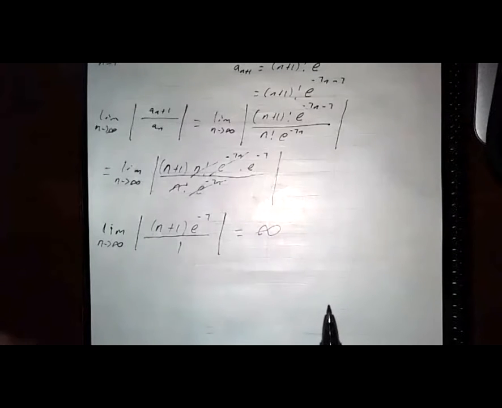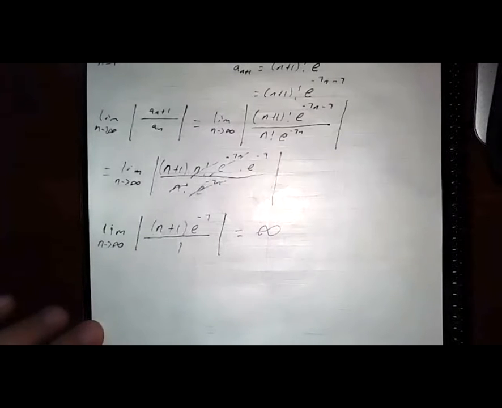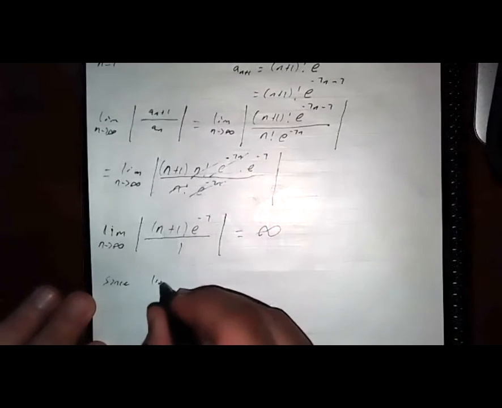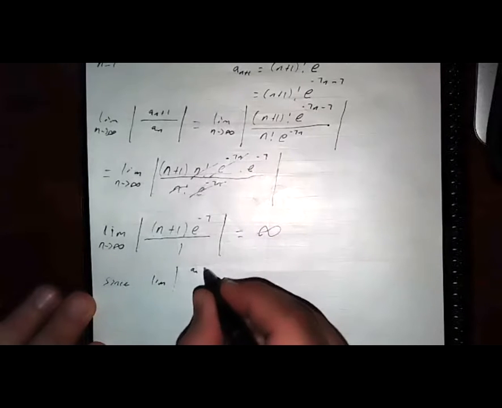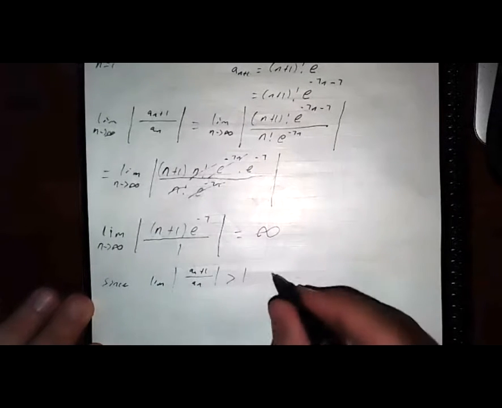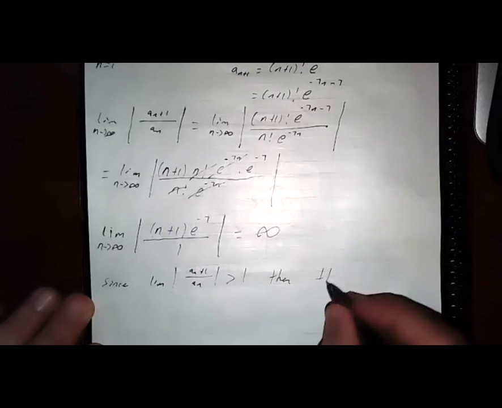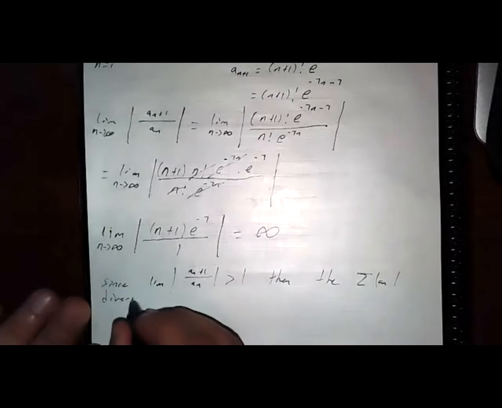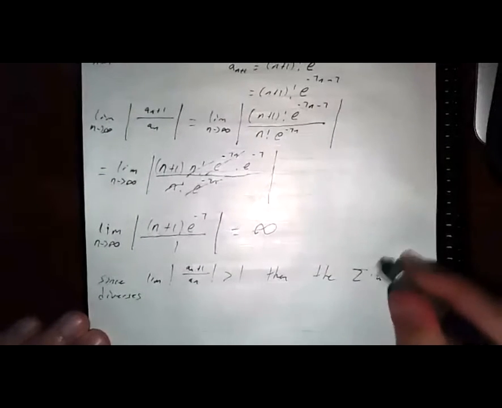And there's 3 rules for the ratio test. It says if the limit is infinite or greater than 1, then the series diverges. So since the limit of a sub n plus 1 over a sub n is greater than 1, then the series a sub n diverges.